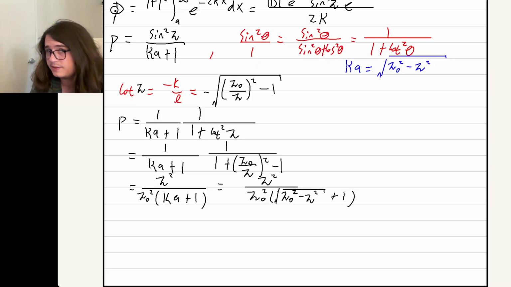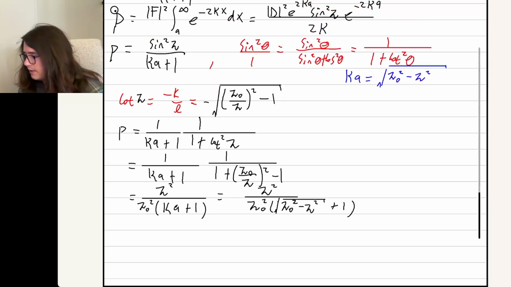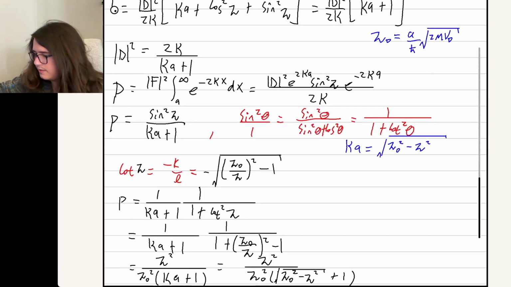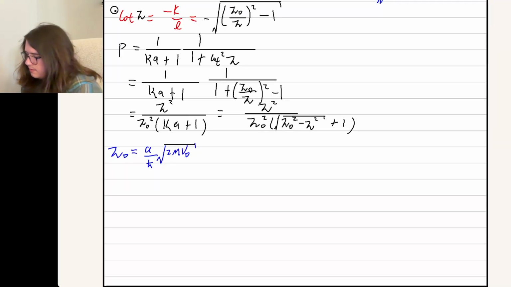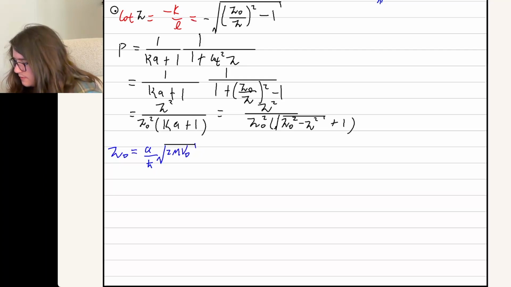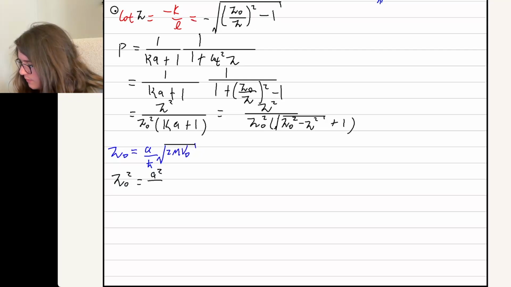But what are actually z and z naught? Well, going back to how z naught was even defined, both of the times that z naught is mentioned, it's actually squared. So let's do the square of this. Z naught squared equals a squared over h bar squared times 2m v naught. And from the problem statement, we know that v naught is 32 h bar squared over m a squared.